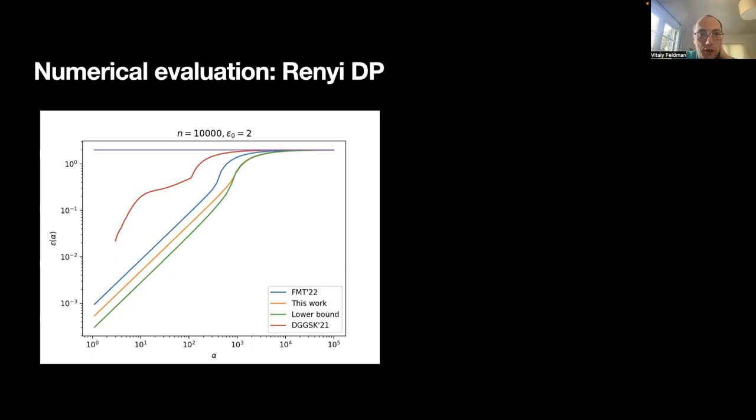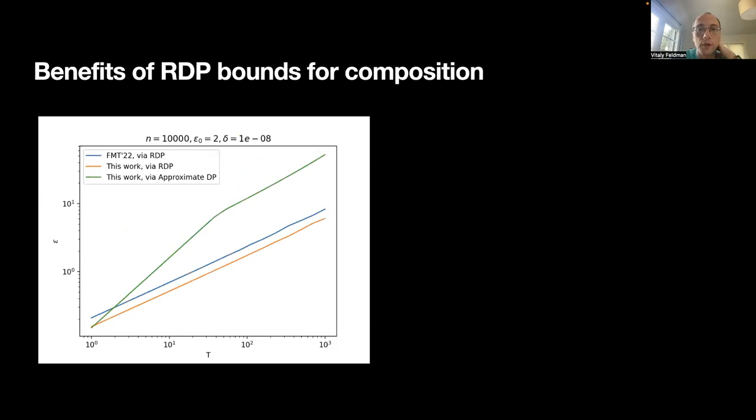Since I mentioned that the motivation for this is composition, getting better composition results, here is how these results lead to better bounds for composition. We're looking at the number of times we compose this result, which is t, and the resulting epsilon as a result of composition. One way to do composition is to apply our numerical results and compose them using the composition for approximate differential privacy.